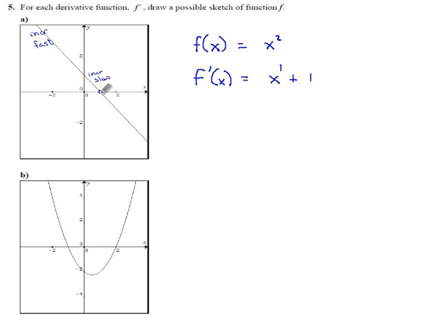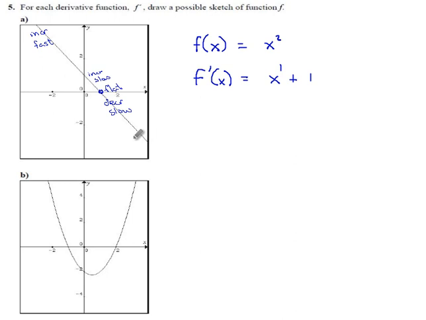What does this mean? Right there. At that point, the derivative is 0, which means the slope of the curve is 0, which means the curve is flat. Over here, where the derivative is negative and small, we'd say the function is decreasing slowly.